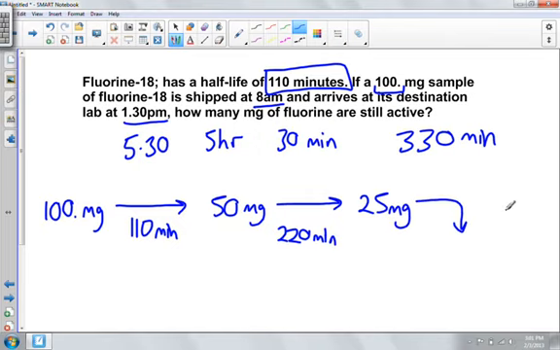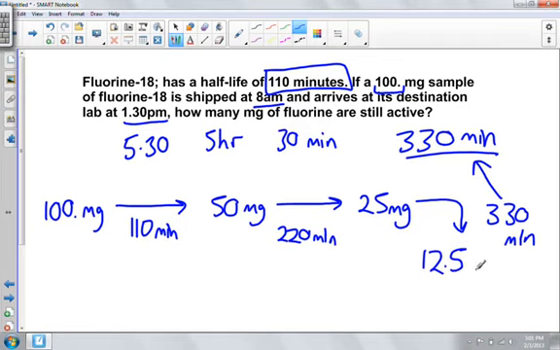Then after one more half-life, which gives us a total of 330 minutes, which not surprisingly is exactly this number here, we have 12.5 milligrams left. So even though this has only undergone 3 half-lives, we only have an eighth of it left. So that's calculations involving half-lives. It's not that difficult, you just got to know what to look for from the question.